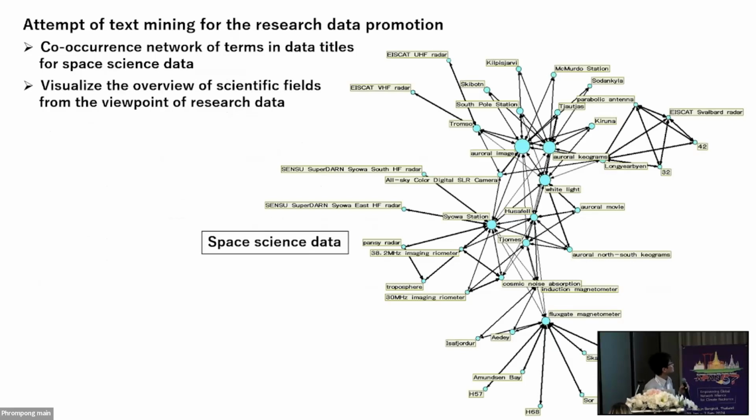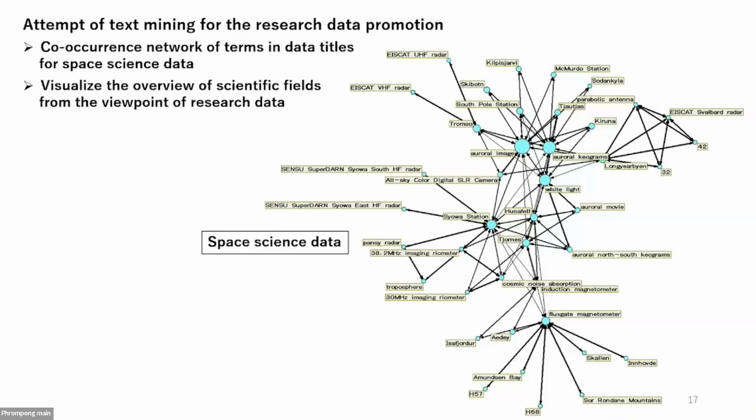Such things as a shower station, magnetometer, or radar appear as a node type. It is an attempt to visualize the overview and side views of such data. So we will put the results of such visualization on the website to promote open science.